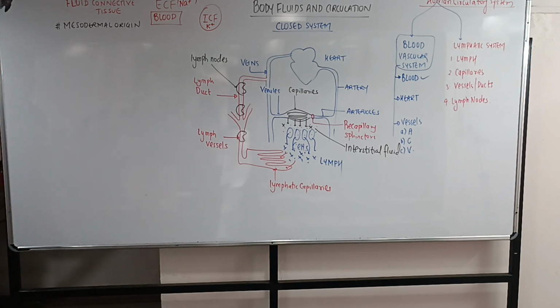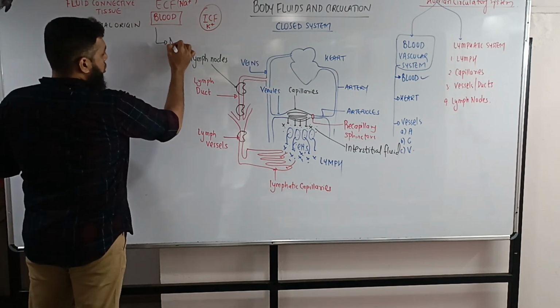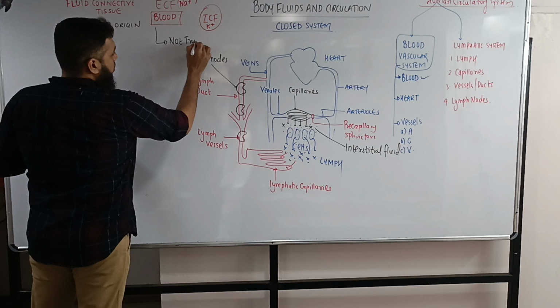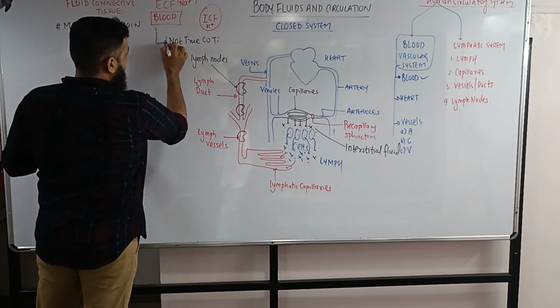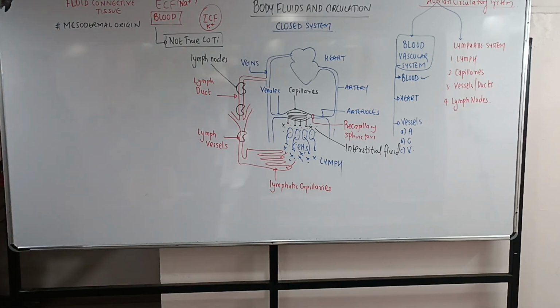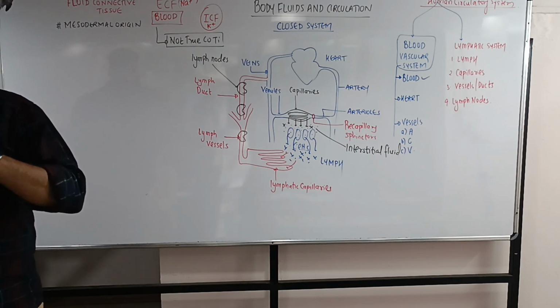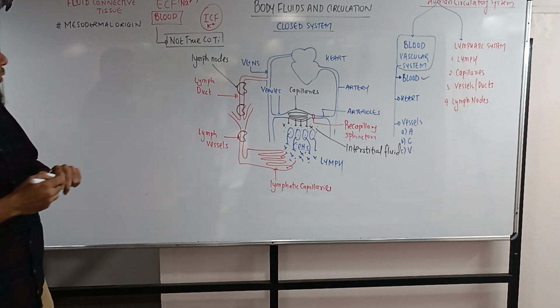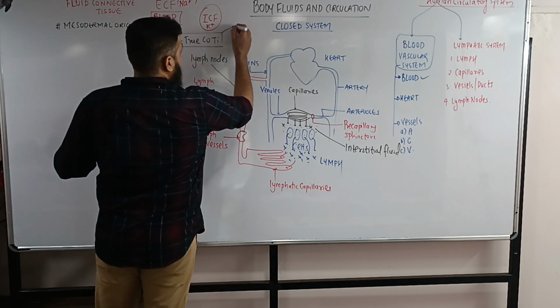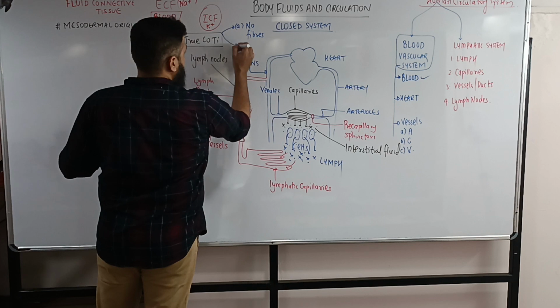Okay, is everybody with me? Circulatory properties aside, I say blood is not a true connective tissue. That means I do not consider it a true connective tissue. Ask why? You tell me, what will be the reason? Yes, one reason is that the blood does not show the presence of any fibers.